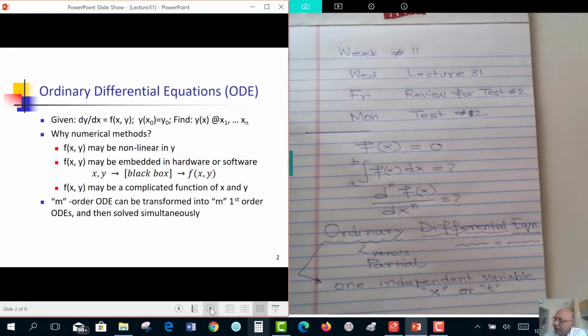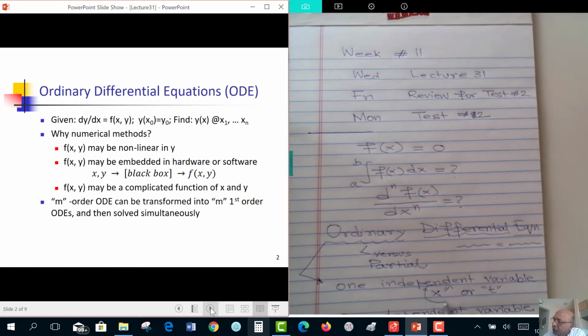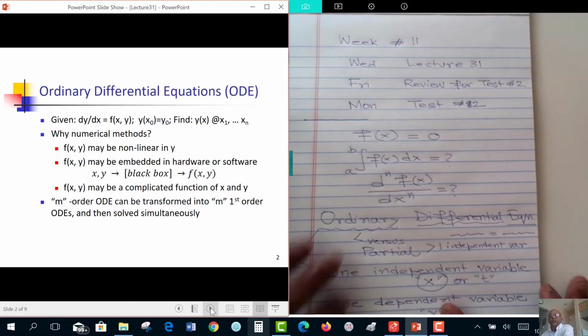And of course, if we have only one differential equation, we'll have only one unknown, or what we call one dependent variable. So we are going to choose x usually, and for dependent variable, we are going to choose y. Partial means we have more than one independent variable. So now we can take derivative with respect to each. So that's why we will have partial derivatives.